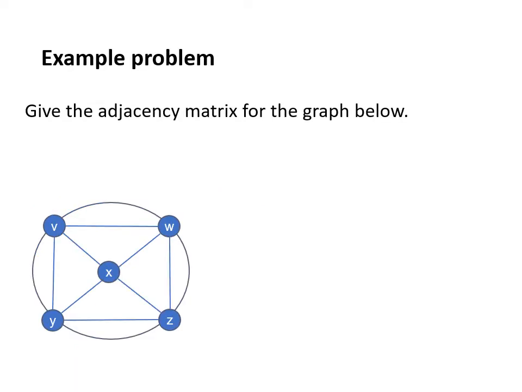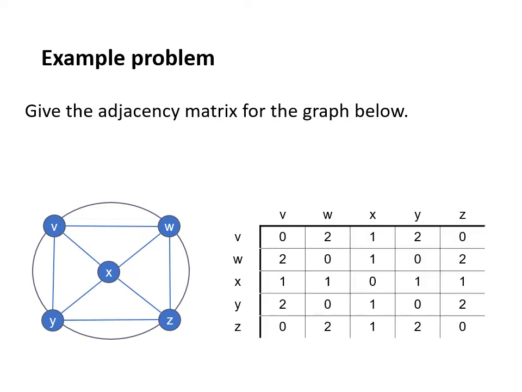So here is an example problem. We want to give an adjacency matrix for the graph below, and here it is. Let's look at W to V. From W to V, there are 2 edges.